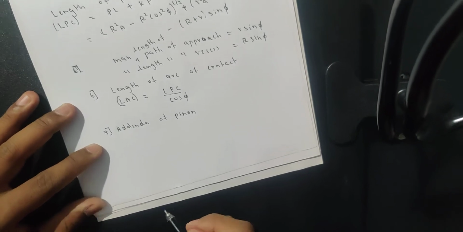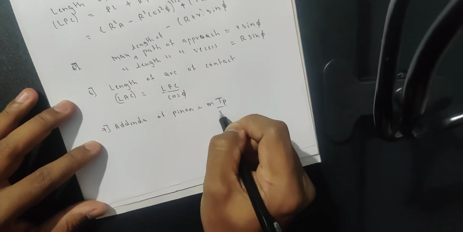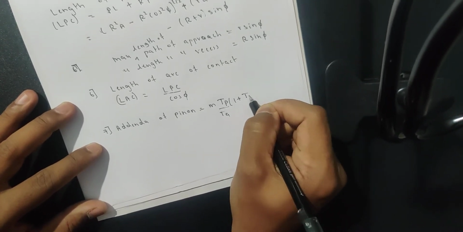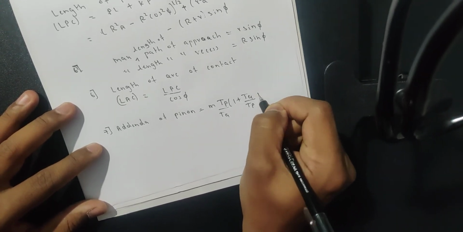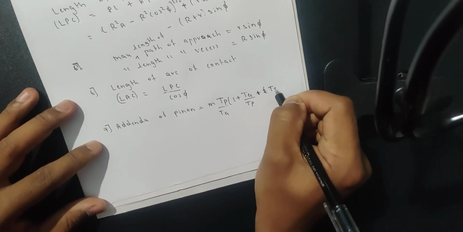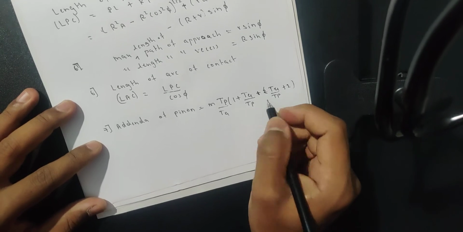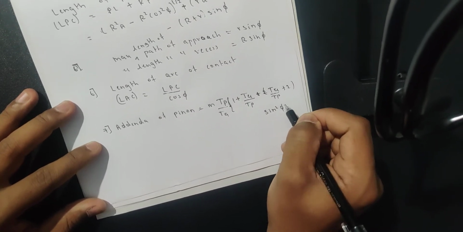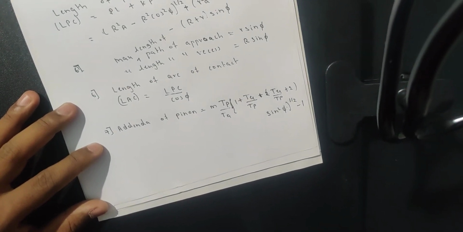It will be module into number of teeth on pinion upon number of teeth on gear, into 1 plus number of teeth on gear upon number of teeth on pinion plus 2 sine square phi, I can take it as a flower bracket, raised to 1 by 2 minus 1. So this will be the value of addenda of pinion.